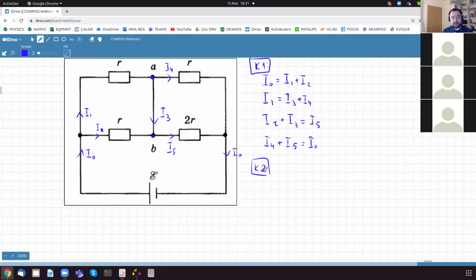Okay, the sum of voltages around a closed loop is 0. So let's take a loop and maybe, oh, let's take this loop.